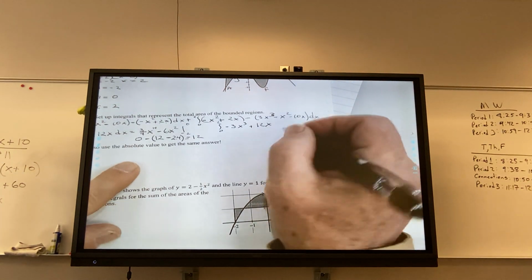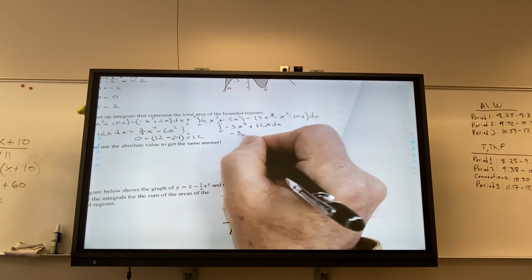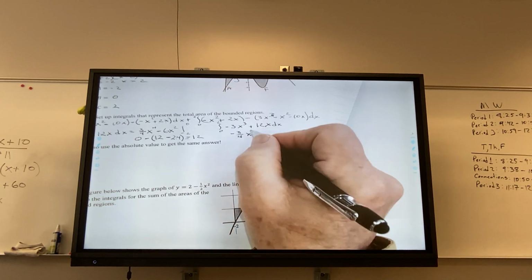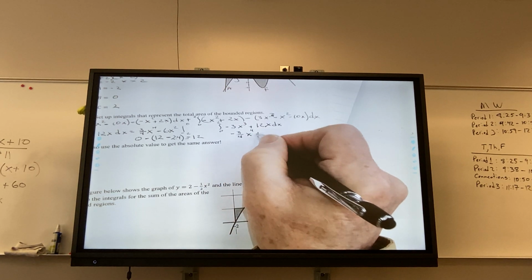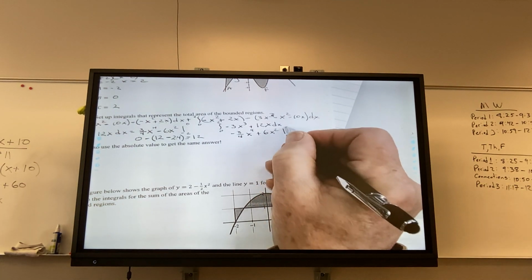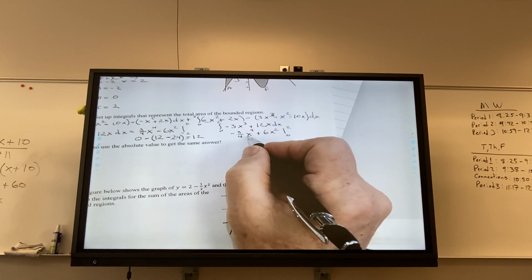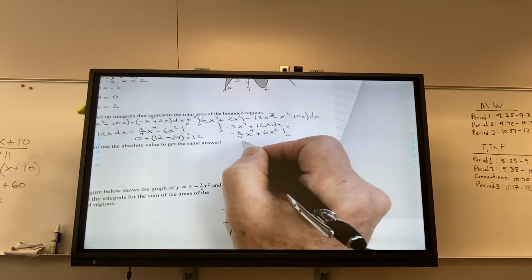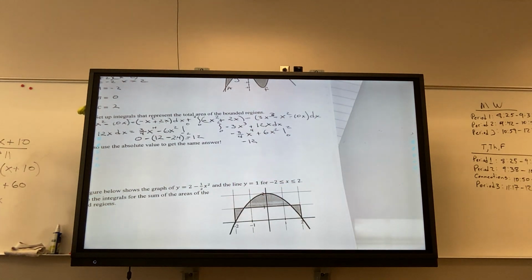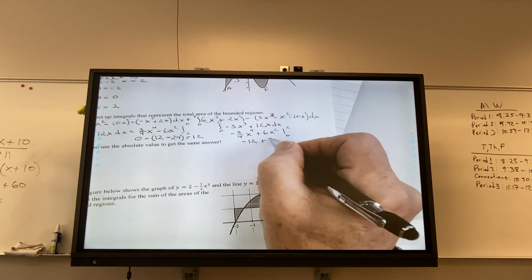Okay. dx, and because Ariana told me this, I know this is going to be a -3/4 x to the 4th plus a positive 6x squared evaluated from 0 to 2. When I put 2 in here, this will become, I believe, a -12. And then this will be 24.